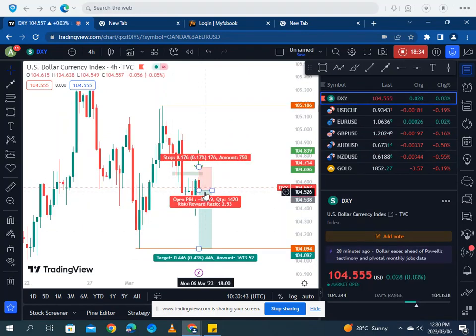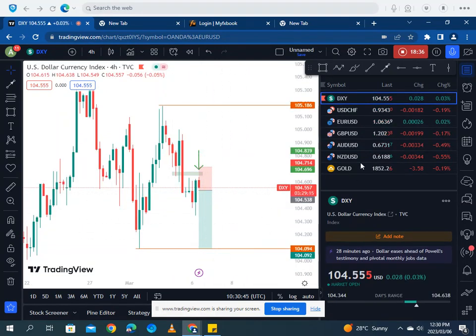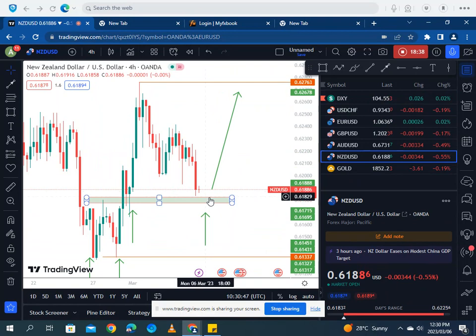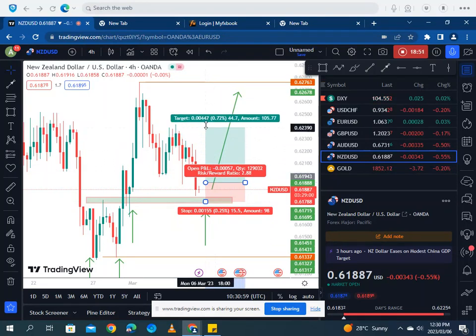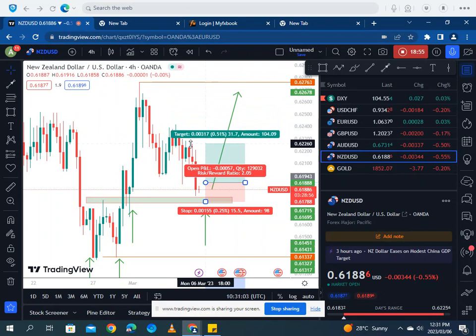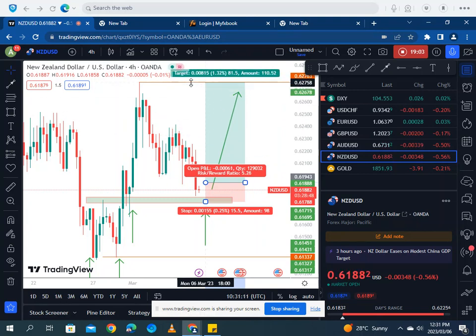Given that the dollar will continue pushing to the downside, I expect the New Zealand dollar USD to bounce there, give me some sort of a doji or react like that, or some bulls in the market, a big fat green candle, then I can take the buy, pushing the market to the upside. I'll have to be worried about this level here, so I'm going to take some profits off the market. I'm glad it's way over 1 to 1, but I'm going to take some of the profits off here, but definitely my final take profit will be there.